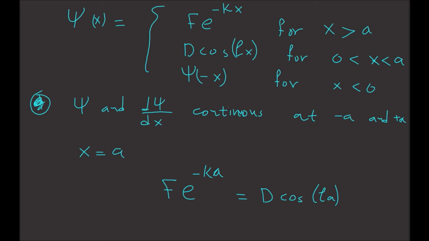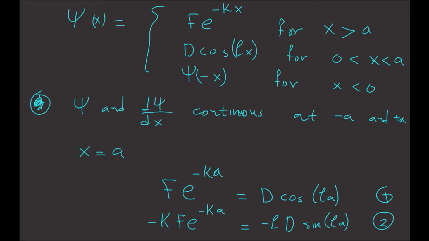And for the first derivative, we have minus k, just take one derivative of this, times f times e to the minus ka, must equal minus L times d times sine of L times a. So let's name this equation number 1 and this equation number 2.